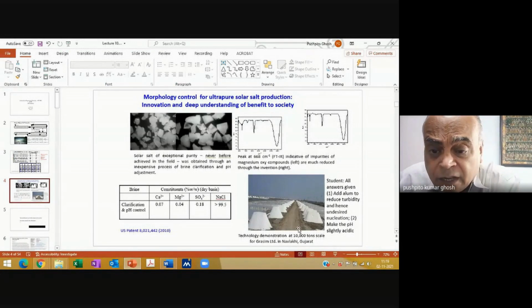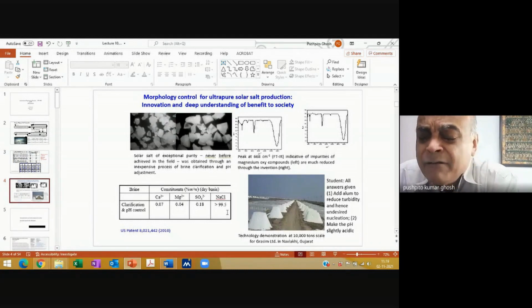By the way, this is a trial carried out in Grasim Industries. 10,000 ton trial with both of those. First you do clarification by alum, and then you do a slight pH adjustment. Now you can work it out sometime in your spare time at home. You see, you might say, what? You've got these giant salt fields and you're going to put acid there?